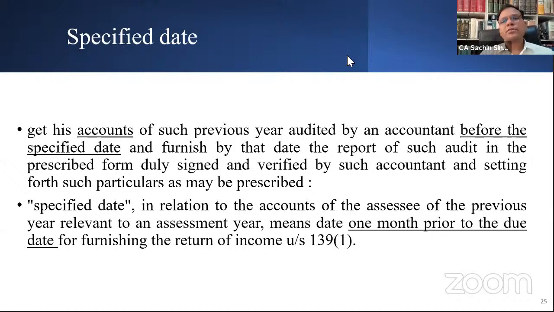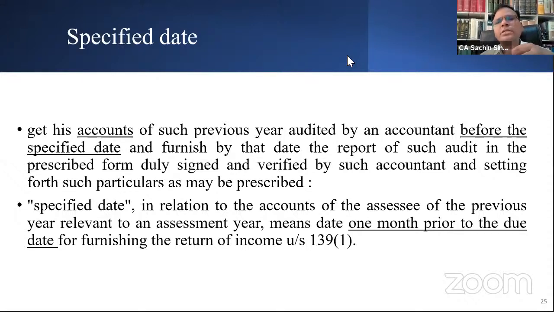Any answer on this? November 30th. If the tax audit is applicable, then 30th September, I think 30th November is the date. If the tax audit is applicable, 30th November.